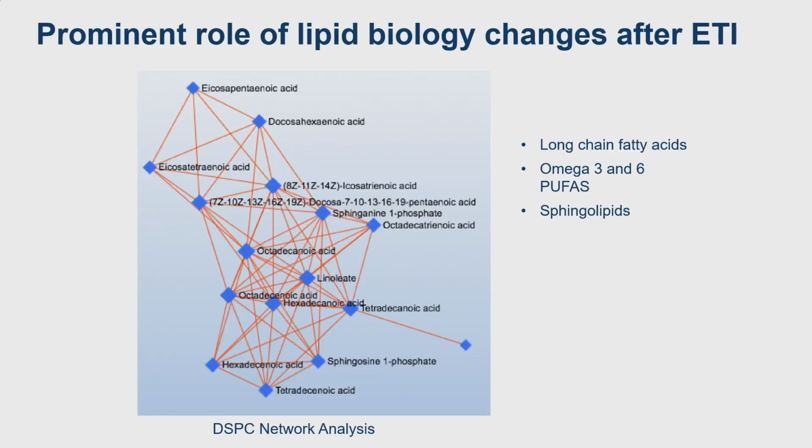When we did a network analysis to see, are these classes that I'm talking about within the lipids related to each other, what we found was that yes, there are. And so long chain fatty acids, which tend to go through beta oxidation, and then the omega-3 and omega-6 polyunsaturated fatty acids and sphingolipids, so looking at the plasma membrane, they all tend to be associated with each other.